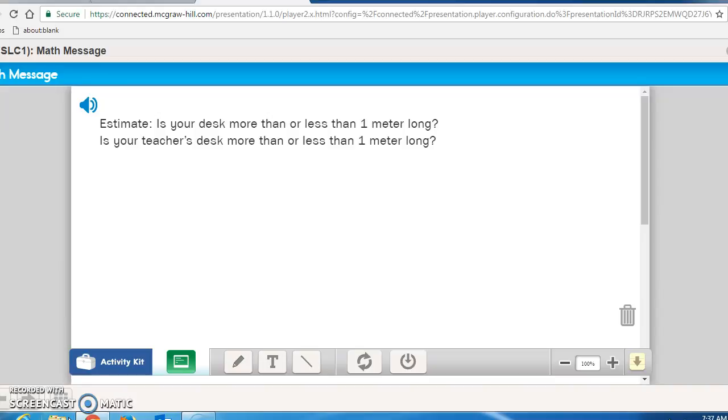Now look at the computer desk at the front of the room. Is the computer desk more than a meter long at its widest point at the back or less than a meter long? Well, hopefully you can tell that it's quite a bit longer than your regular desk. So it is more than a meter long.